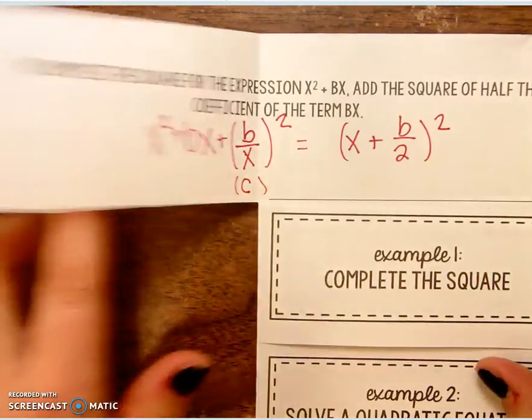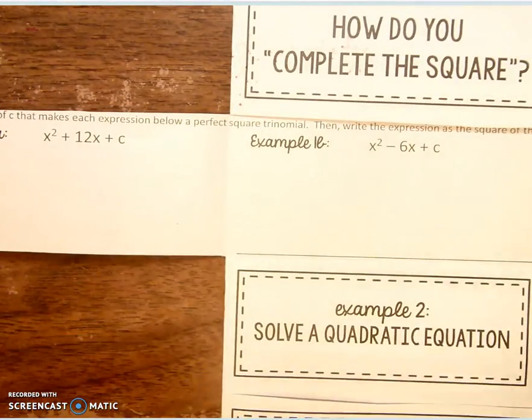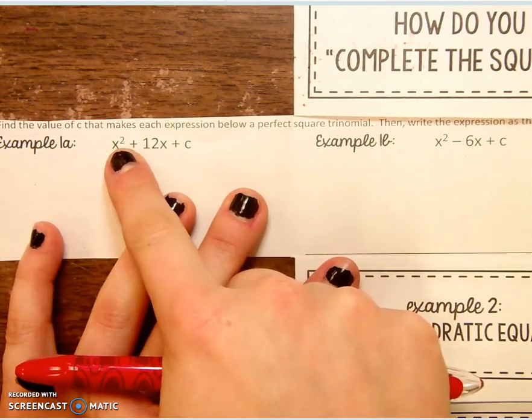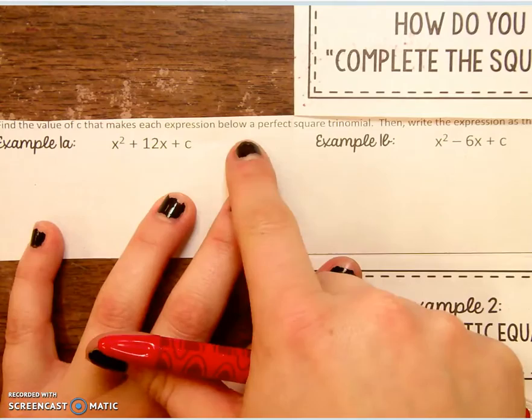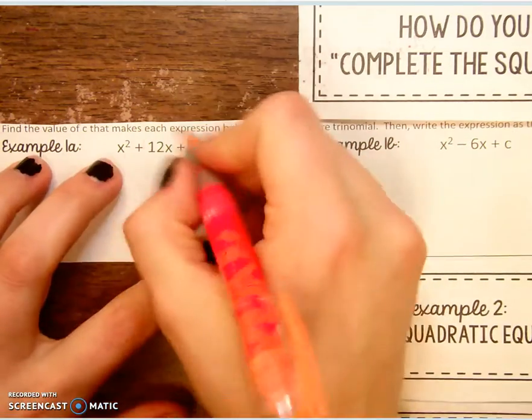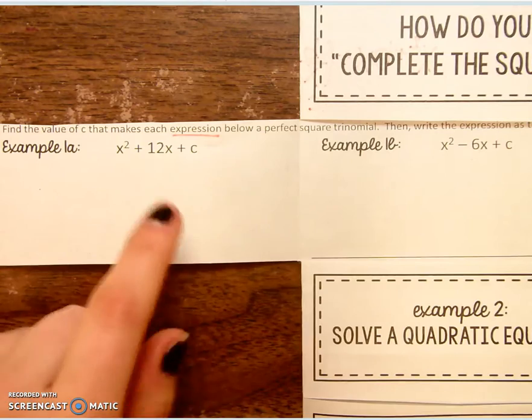So to complete the square, the first thing you're going to do, it says find the value of c that will make each expression below a perfect square trinomial. It's very important that you understand that this is an expression, not an equation, because there's no equal sign. I don't have c.